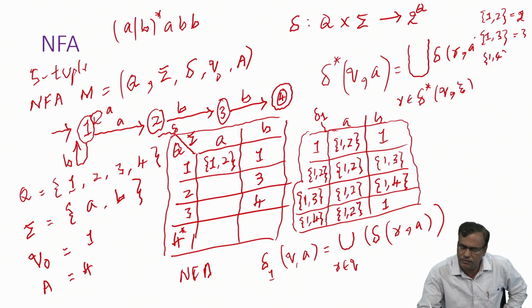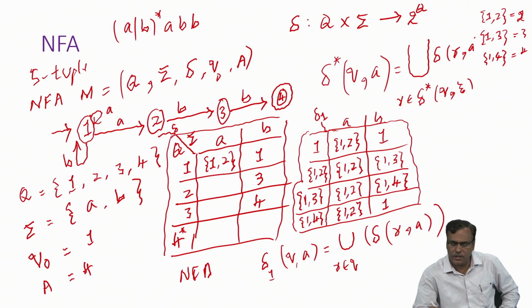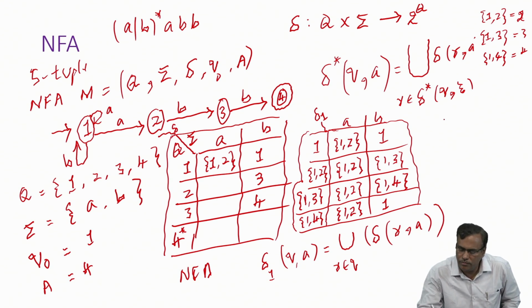You know what the different states are in this diagram. So wherever this 1, 2 is there, you just replace the 1, 2 with 2. So by doing so, what are we going to get?